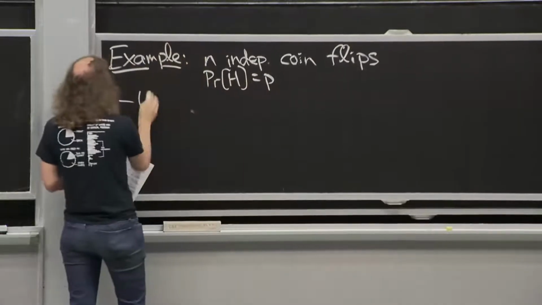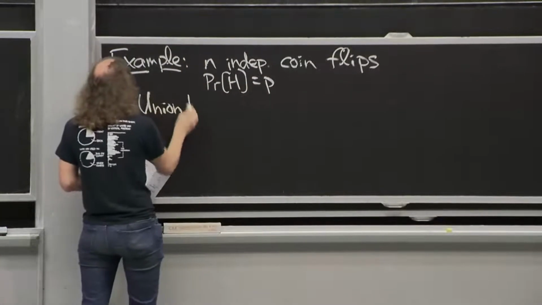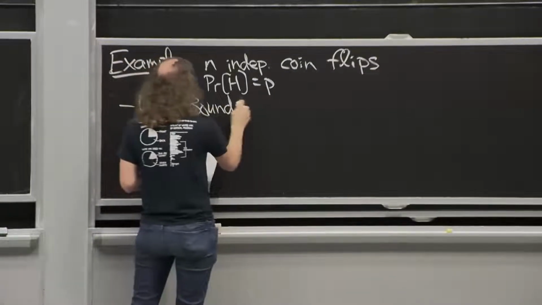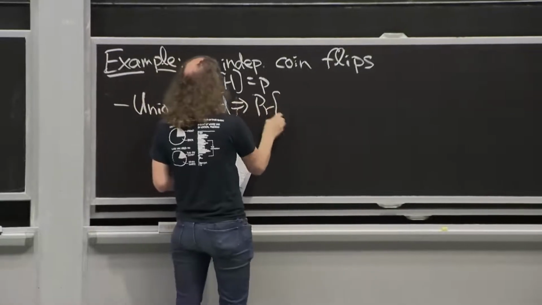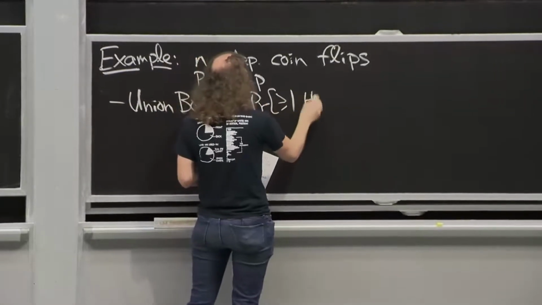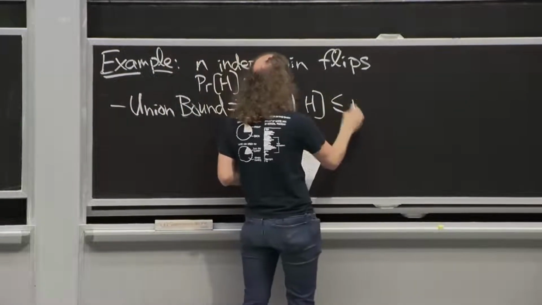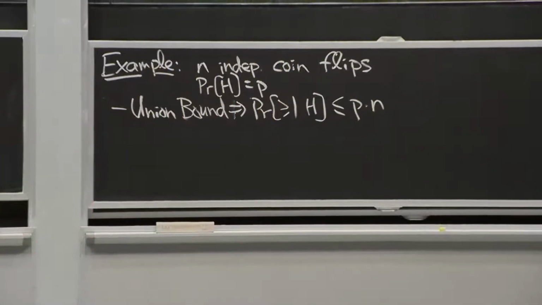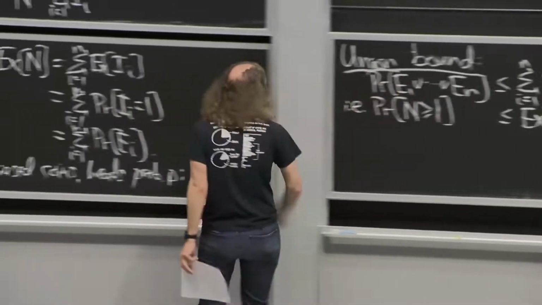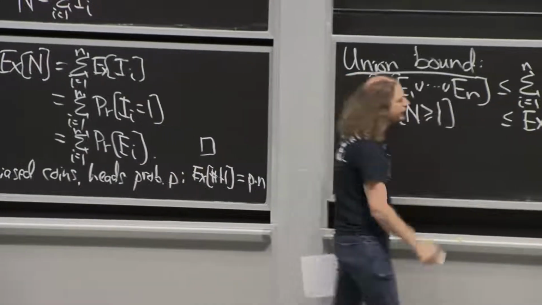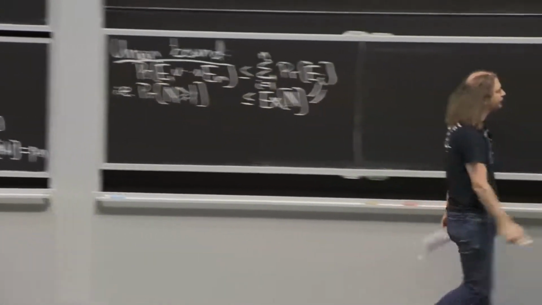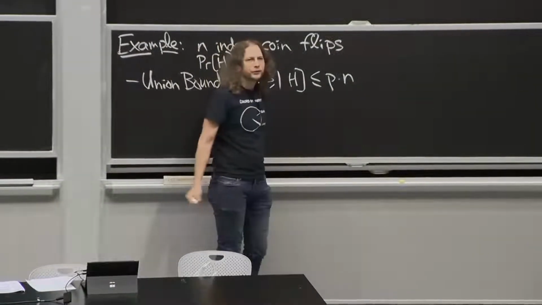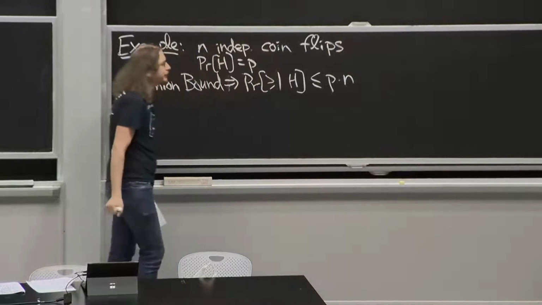Then the union bound says that the probability of at least one head is at most p times n. Right? That's this expectation that I just wrote down over here. P times n was the expected value for the number of heads. So in particular, the probability of at least one head is at most p times n. So as soon as p is bigger than 1 over n, this is not a useful upper bound.